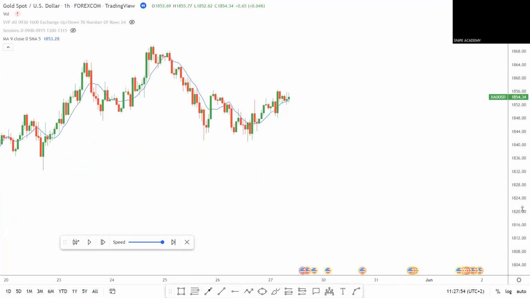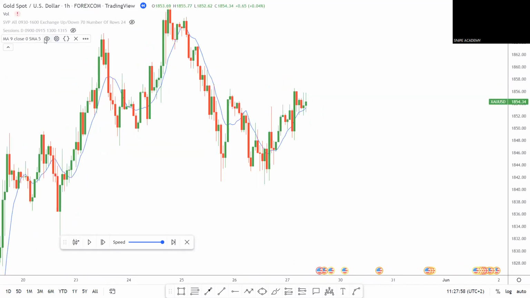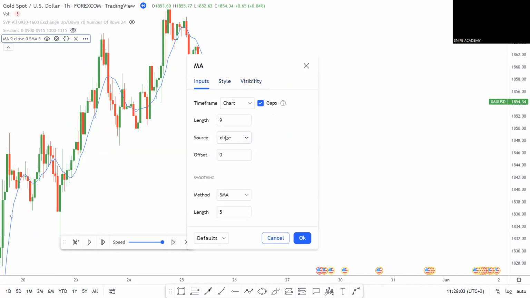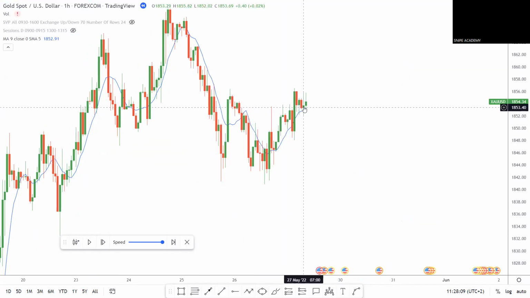What does this mean? Let's look at the configuration. Source: close. So price is taking the close price of every candle during the last 9 periods, doing an average of these close prices, and just plotting a point there.